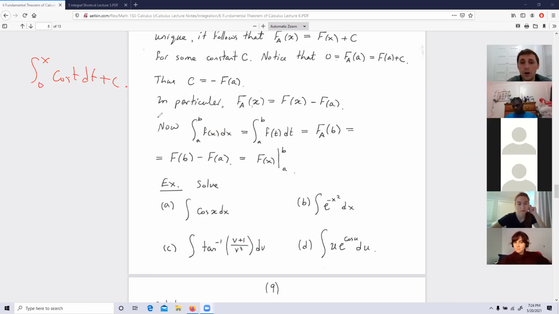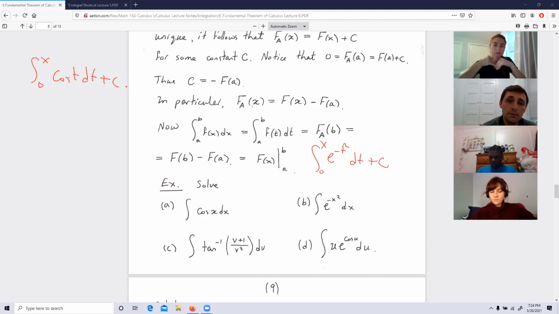So then we answered all those questions the same way, and some of them, guys, cannot be answered in a better way. For example, this one, try as you might, you will not come up with a simple formula. But if you write 0 to x e to the minus t squared dt plus a constant, you have indeed found an antiderivative, and you found all of them.